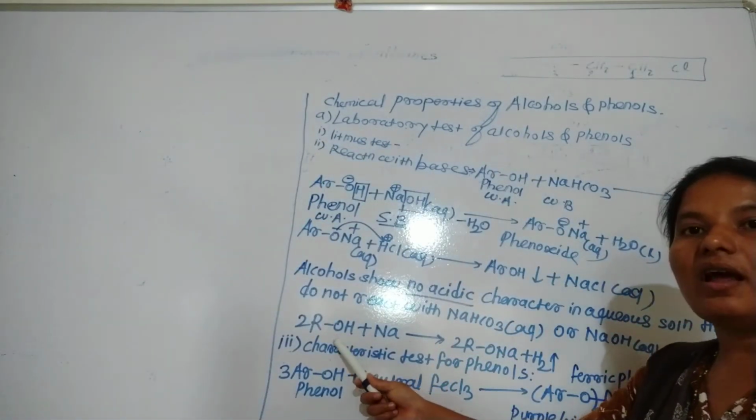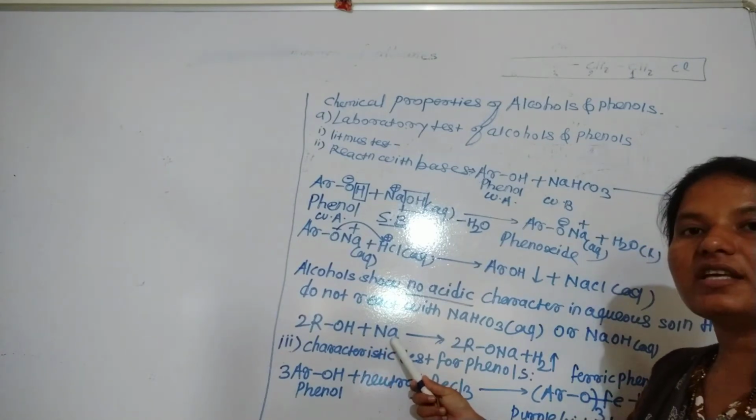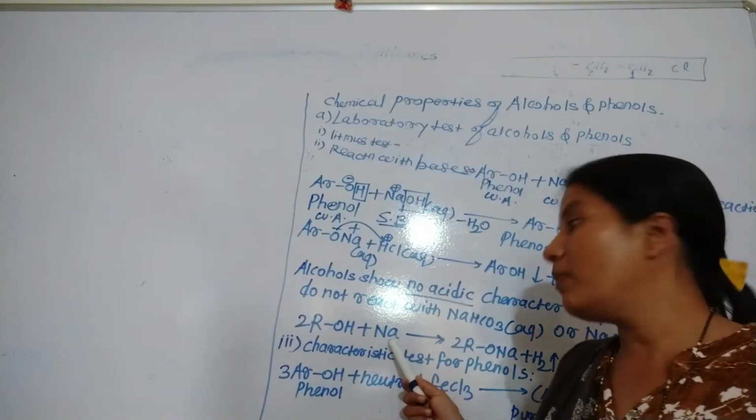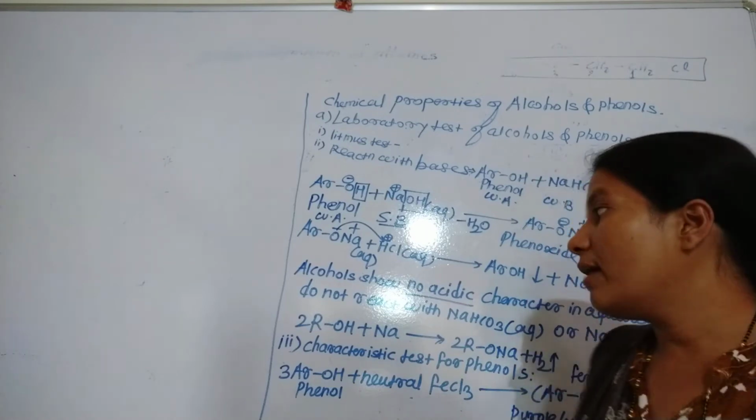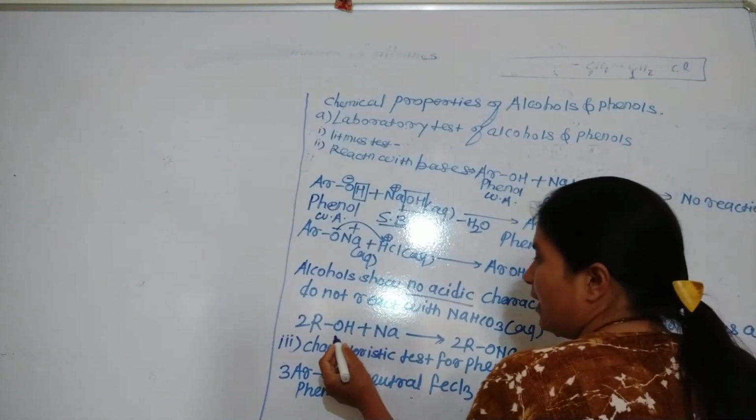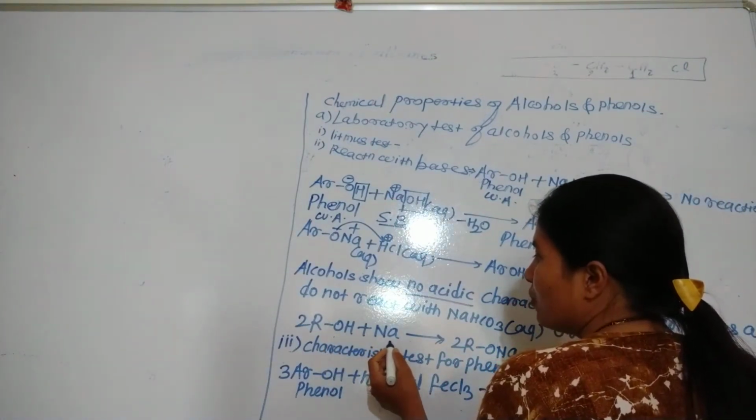Then when alcohol reacts with a first group alkali metal like sodium, what happens in this case? Take 2 moles of alcohol and sodium metal.